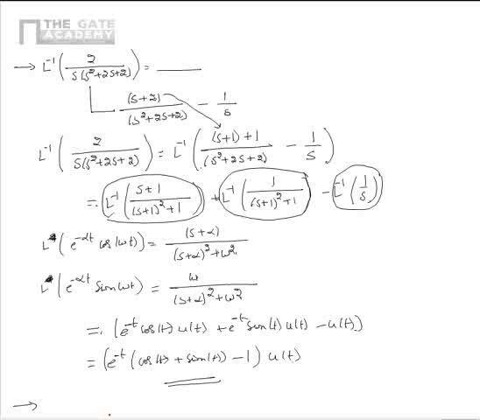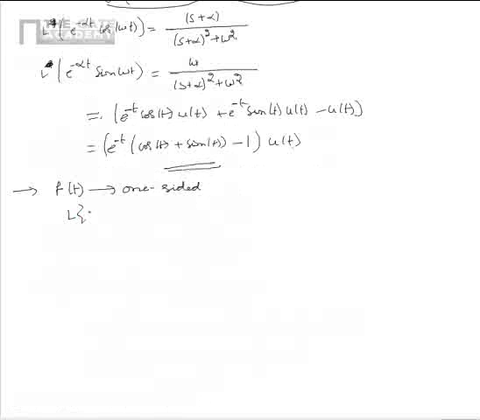Now let us look into another problem, as a part of which it's given that there is a function f of t which is one-sided. It's also given that Laplace transform of t into f of t is equal to a into Laplace transform of f of t.